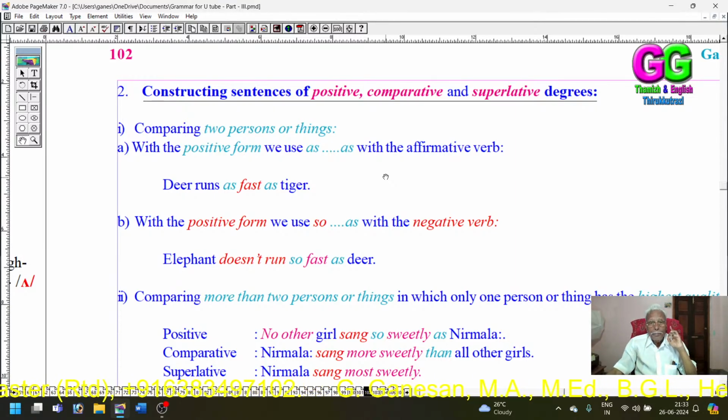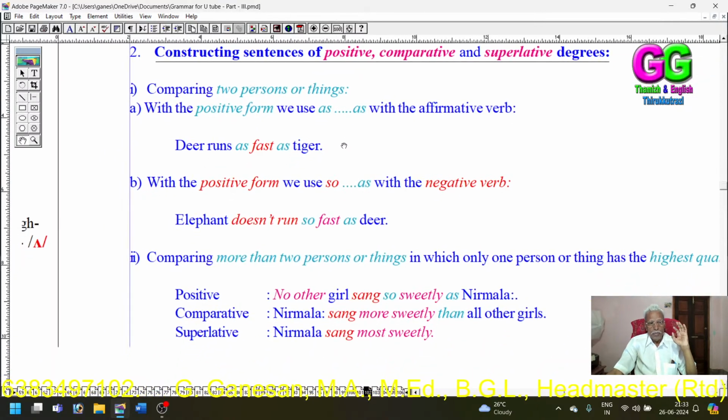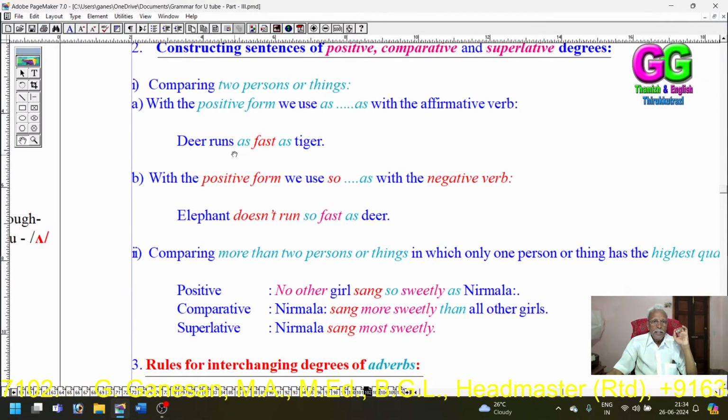The positive scale used is as... as. Example, deer runs as fast as tiger.